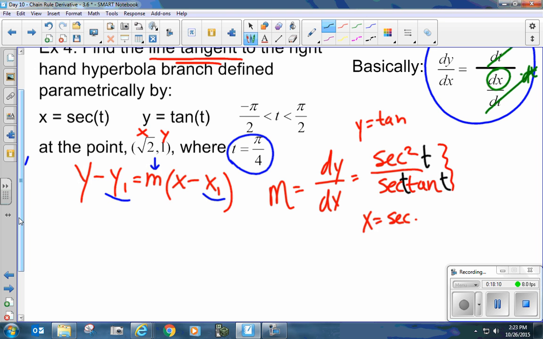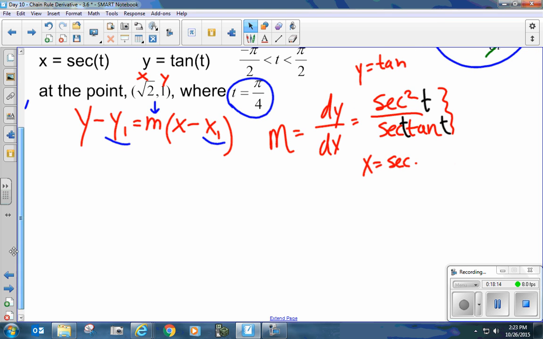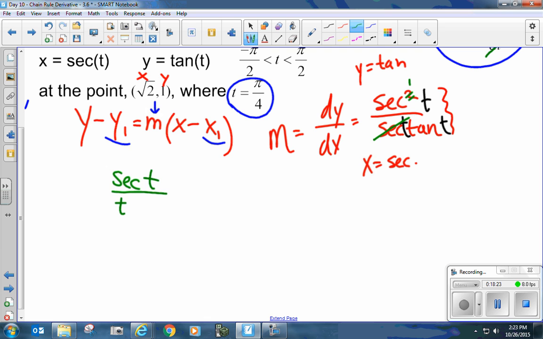Well, let's simplify that. What can I simplify in that fraction? Yeah, one secant here will cross out with one of these. So now, I'm left with the secant of t over the tan of t. This actually simplifies nice. Okay, what is secant equal to? Not the derivative, what is secant equal to? 1 over what? 1 over cosine, isn't it? What is tangent equal to?